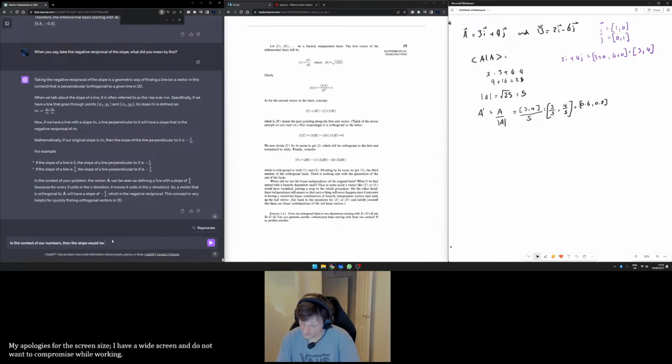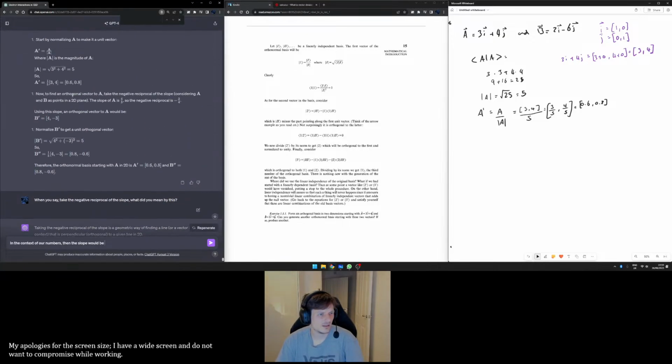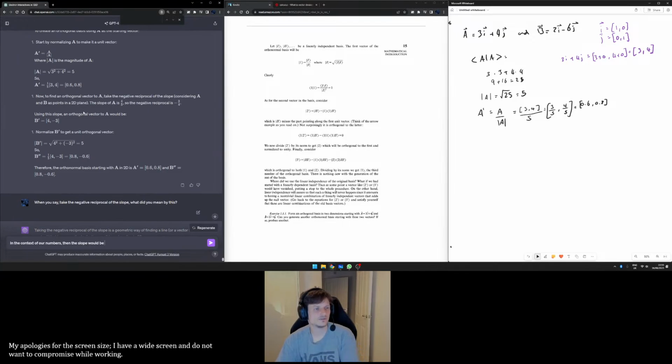If 0.6, so we've got A prime now, and it says, so now to find an orthogonal vector to A, take the negative reciprocal of the slope. Considering A and B as points in a 2D plane, the slope of A is 4 over 3. I see that part, but this is 3/5, so why is it 4 over 3?